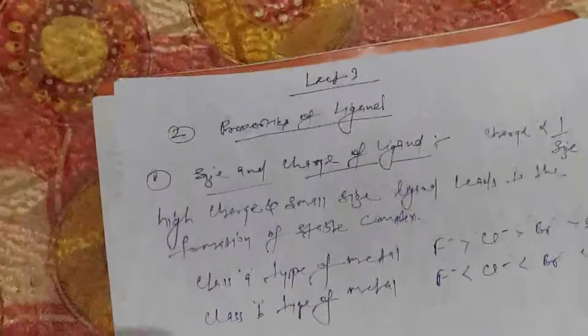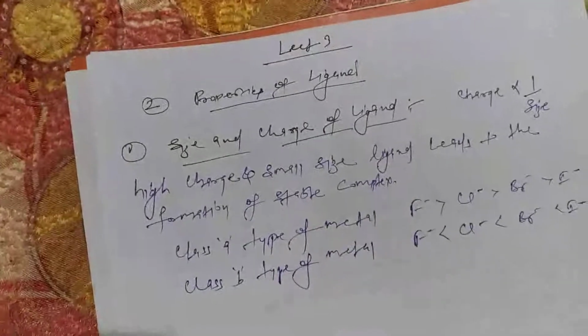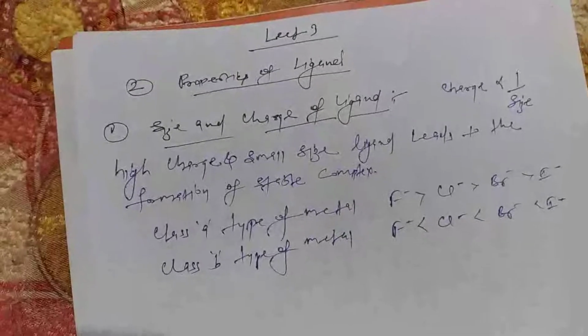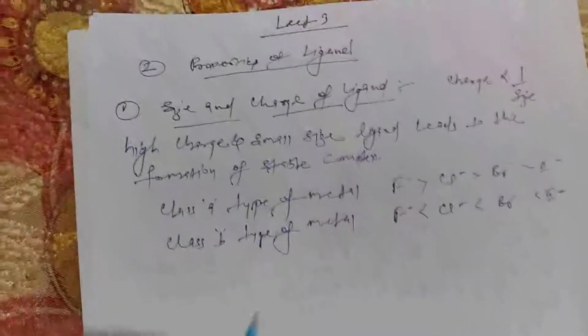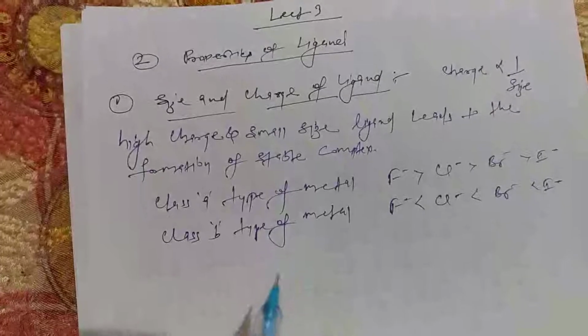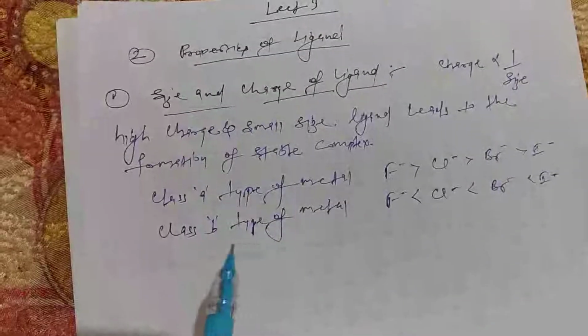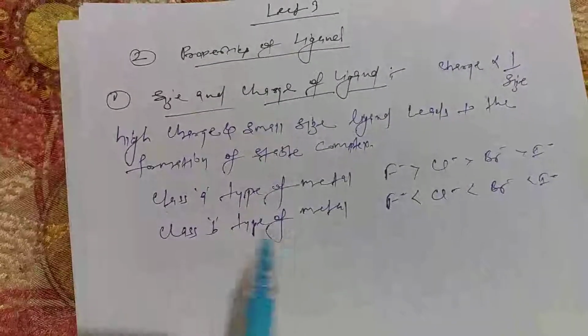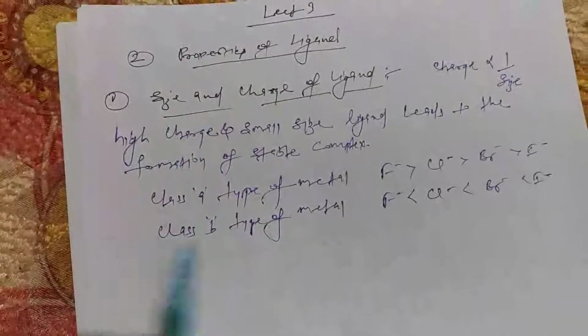And size, we all know, increases from fluorine to chlorine. This is the combination of class A and class B type metal, which we had already discussed in our previous video.